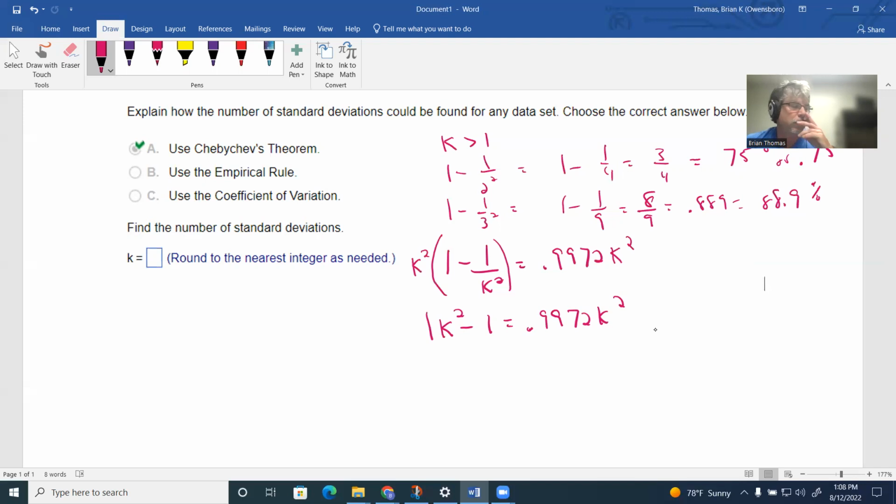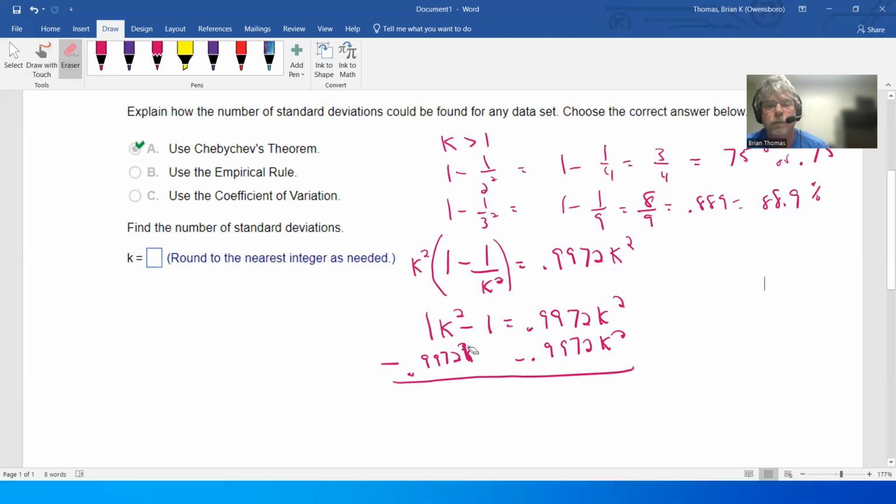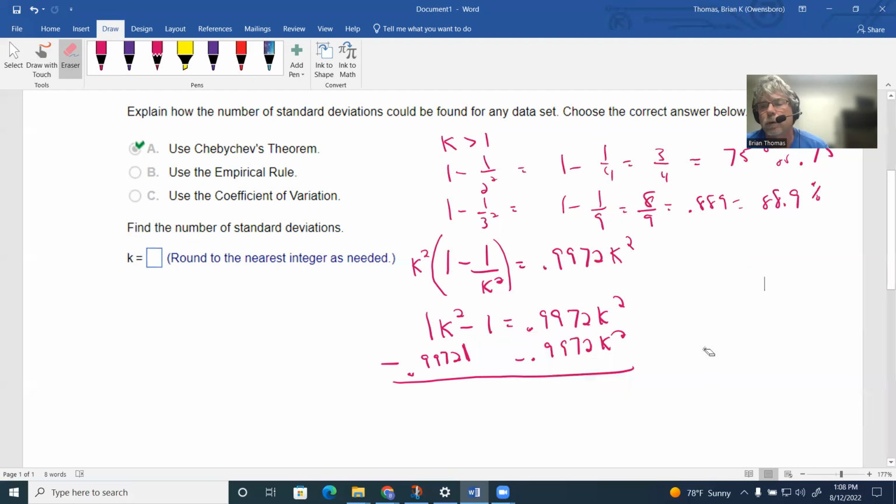Now, to solve an equation like this, we have to get the K squared on the same side of the equation. So I'm going to zero this out over here by subtracting 0.9972 K squared. But I also have to subtract it over here. Okay, let me make that a little neater.